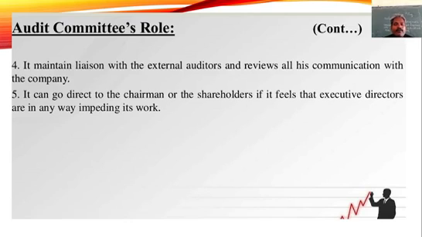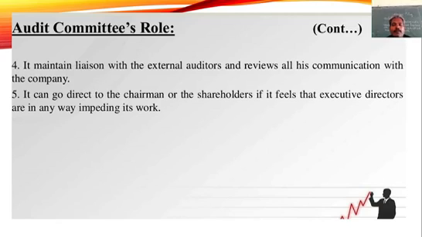Then the fourth one is it maintains relation with the external auditors and reviews all his communications with the company. So it should maintain all the reviews or communications provided by the external auditor. It can go directly to the chairman or the shareholders if it feels that executive directors are in any way impeding its work.